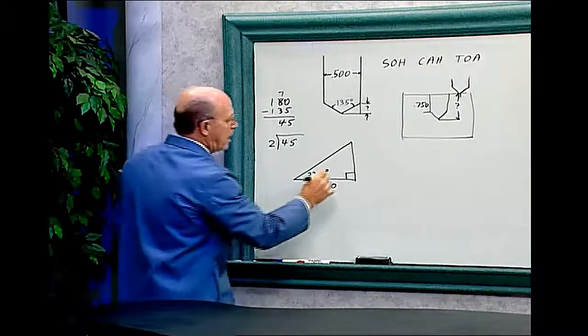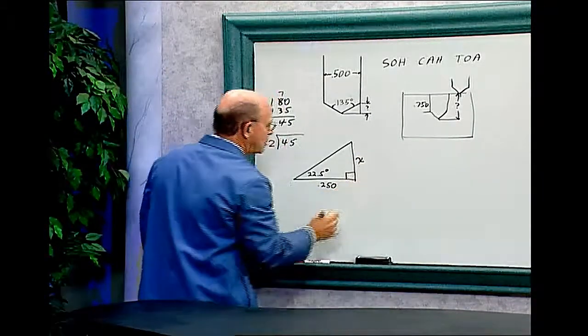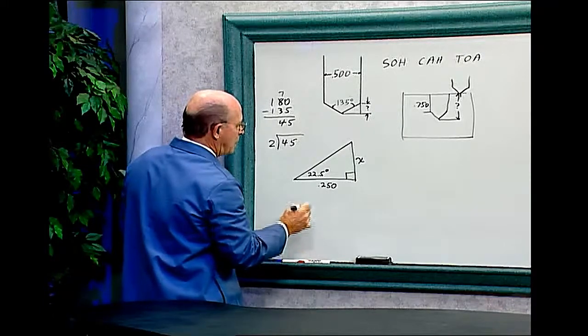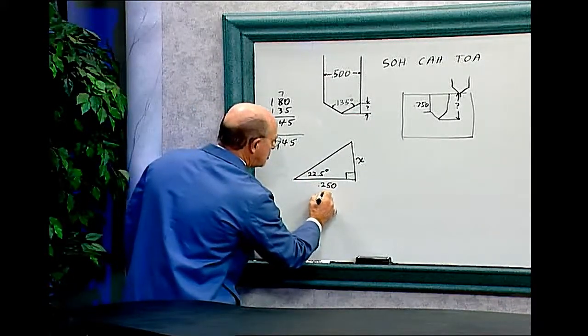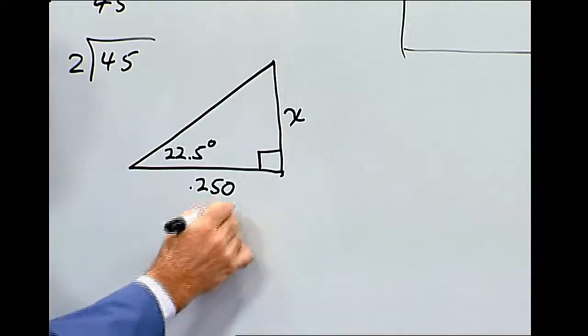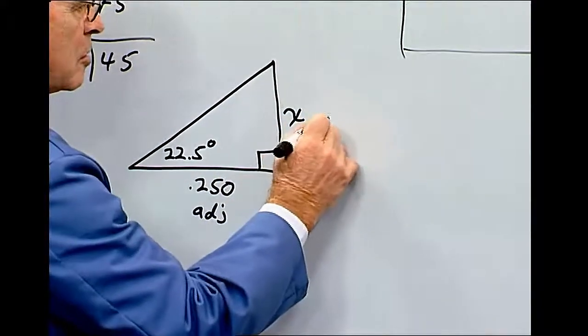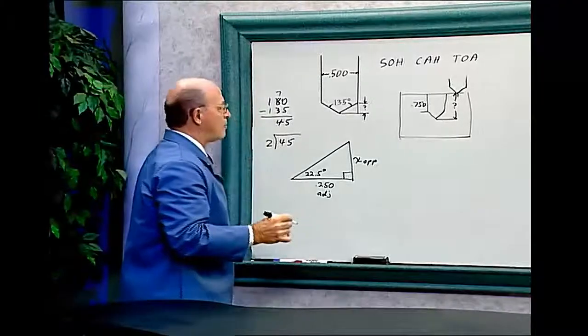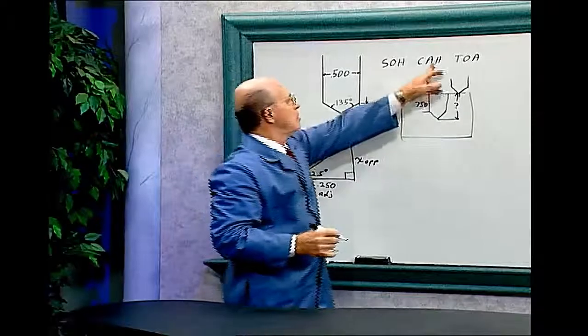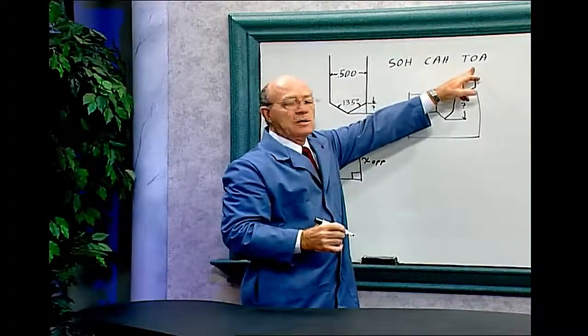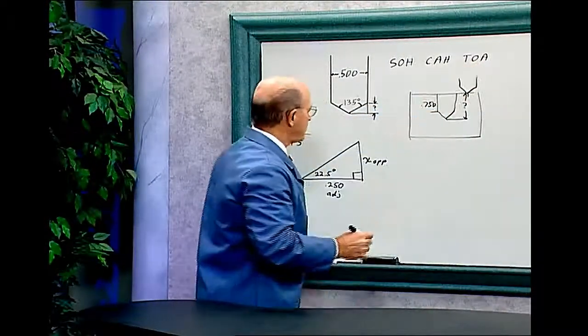Now we want to find x. So let's label the sides. So we have the adjacent and the opposite. Have you noticed what he said? And that would be SOHCAHTOA. That's the last one over here.